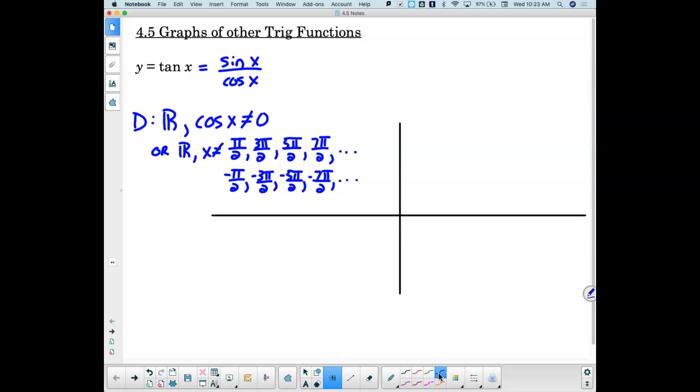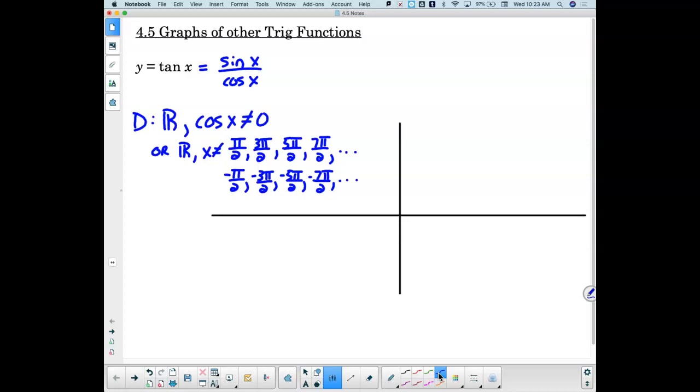When there are restrictions in my domain, what goes there? What kind of dashed line? A vertical line.